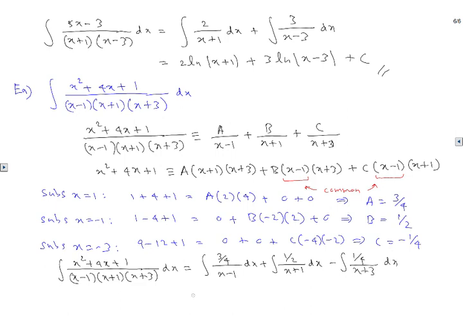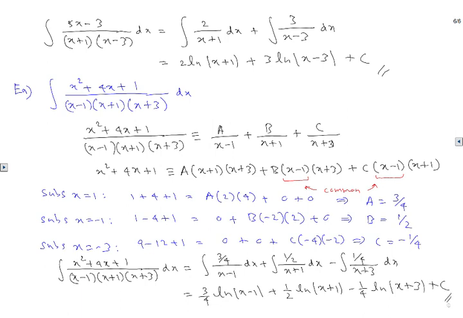These are very easy to integrate, so you're going to get 3/4 ln of absolute value x minus 1, plus 1/2 ln of absolute value x plus 1, minus 1/4 ln of absolute value x plus 3, plus c.